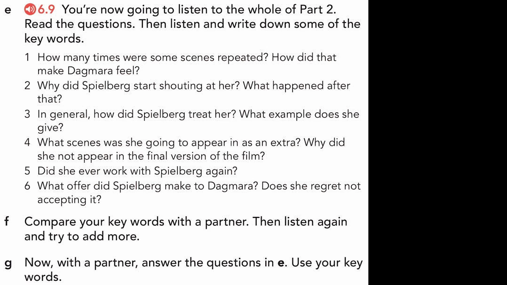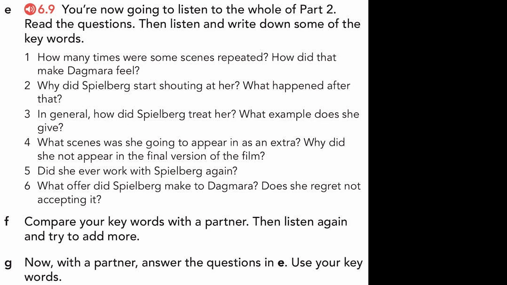6.9. Part 2. So, what exactly did you have to do? I had to go to the film set every day and translate Spielberg's instructions to the Polish actors and also to the extras. I had to make them understand what he wanted them to do. It was really exciting, and I often felt as if I was a director myself. So, was it a difficult job?